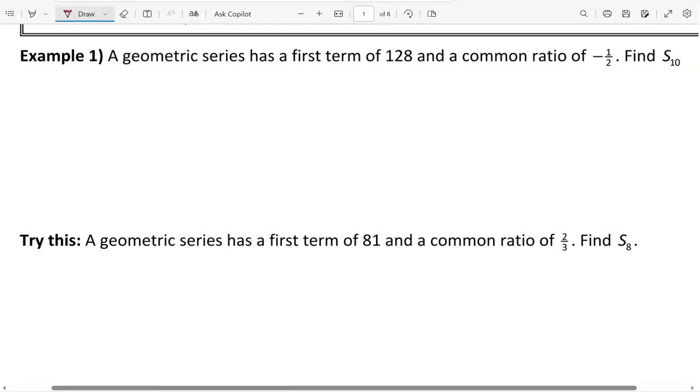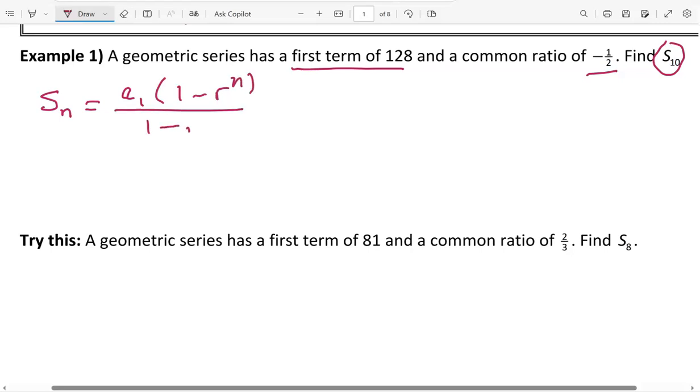So if we want to use this to find the 10th partial sum, if we're given the first term and the common ratio, then I'm going to use this formula, s sub n is equal to a sub 1 times 1 minus r raised to the n power divided by 1 minus r, and just replace the values. So a sub 1 is 128, and the common ratio is negative 1/2.